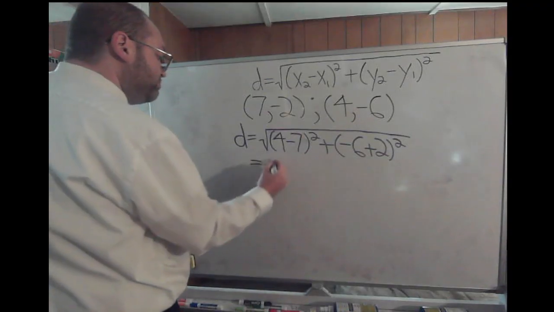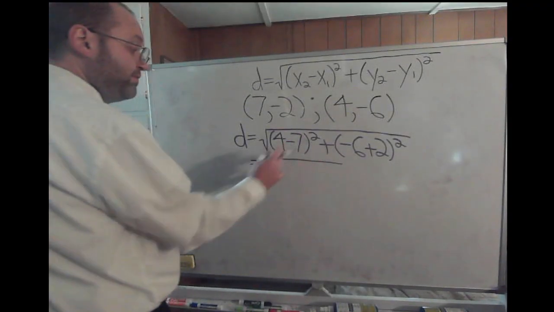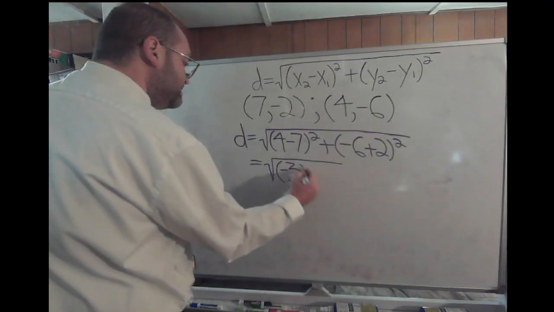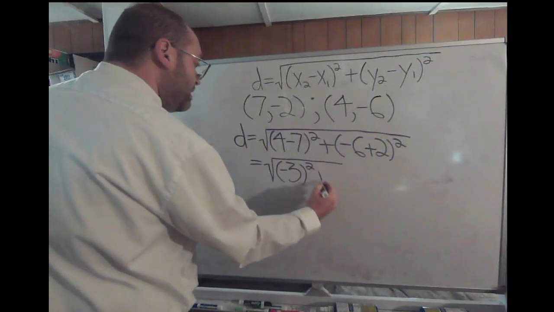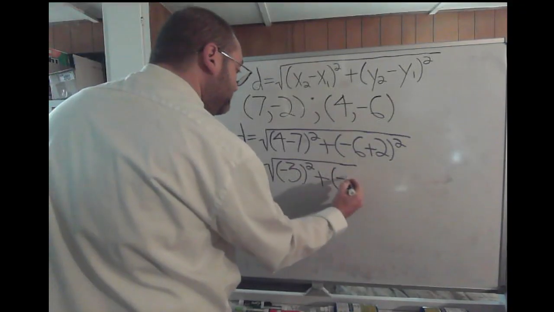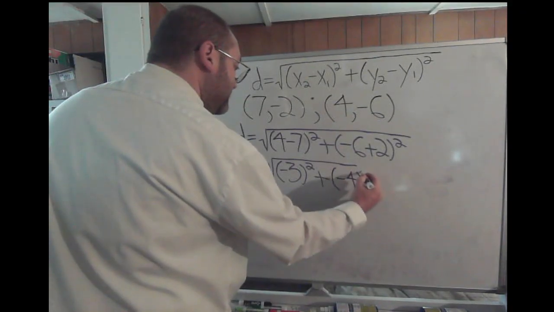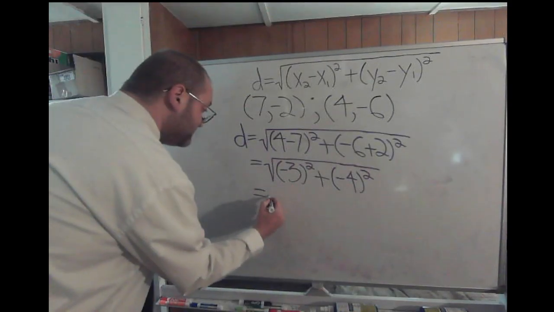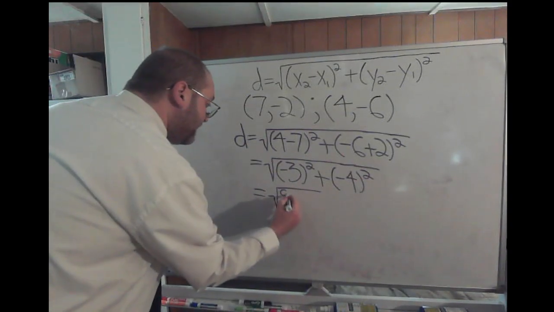Now let's deal with the parentheses inside the square root. 4 minus 7, that's -3 to the second power. Plus then you have -6 plus 2. That would be -4 to the second power. Which means -3 to the second power, that's going to be 9.